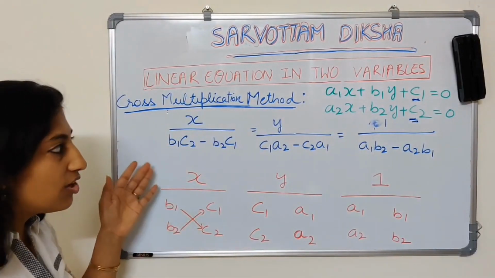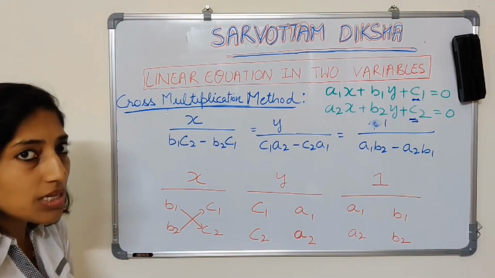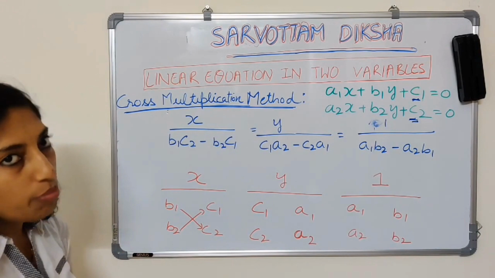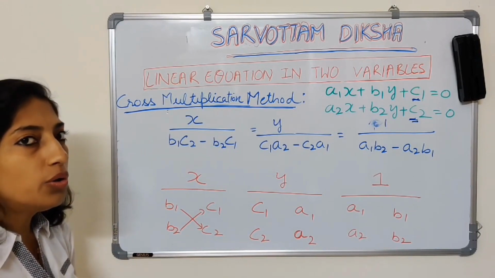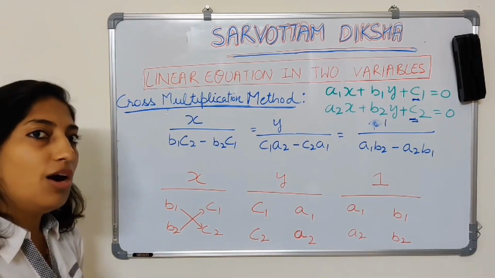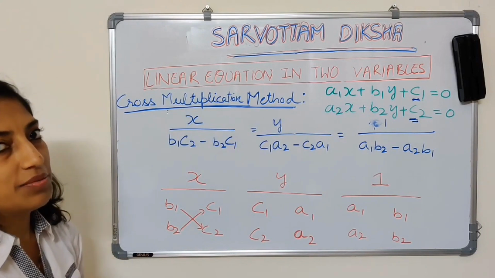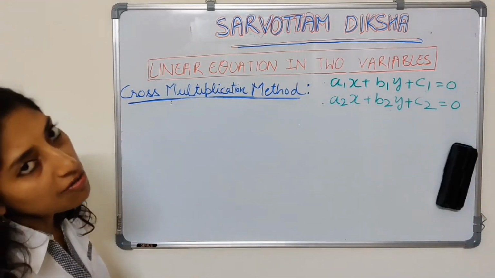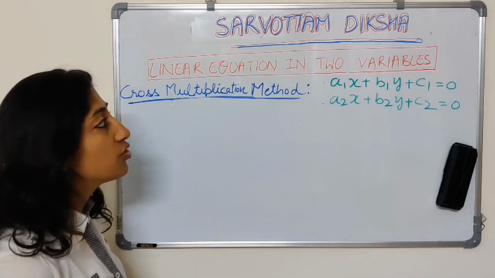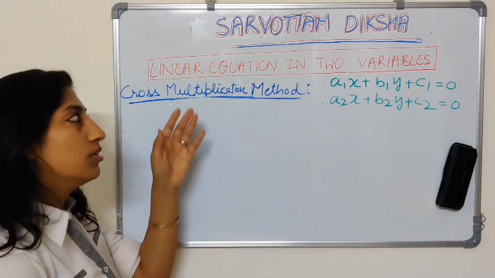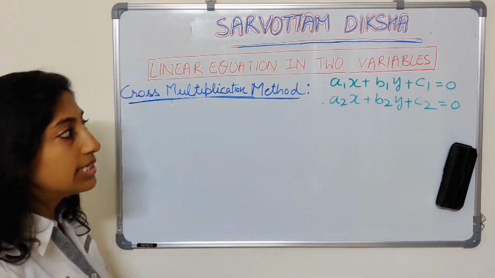So we have seen all this many times in our school books, but how to remember it, how to understand it. Let's see how the formula comes to find the solution of linear equation in two variables.